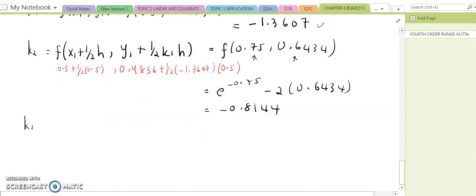Okay, next, the k3 value. So k3 equals f of x1 plus half h, y1 plus half k2h.